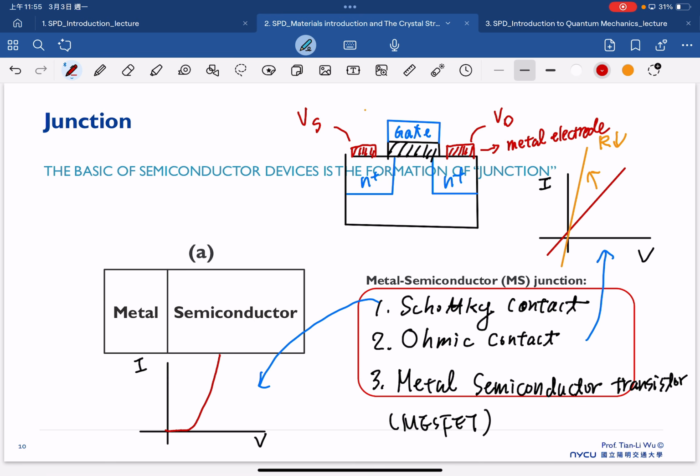And therefore, now you can foresee, once we put the metal on top of semiconductor, for sure the interface here is a metal semiconductor junction.